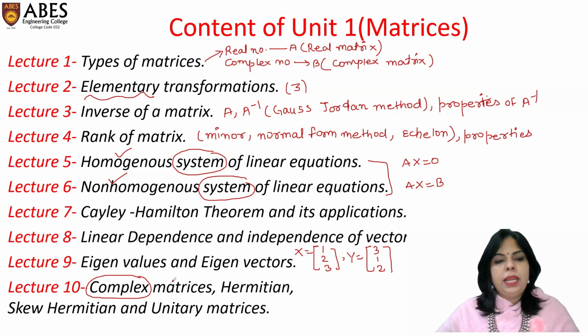In lecture number 9, we will discuss eigenvalues and the corresponding eigenvectors. Eigenvalues are represented by lambda and eigenvectors are represented by x, like this. You can see this is the eigenvector. So if you have a matrix A, surely it will have eigenvalues, represented by lambda, and corresponding eigenvectors.